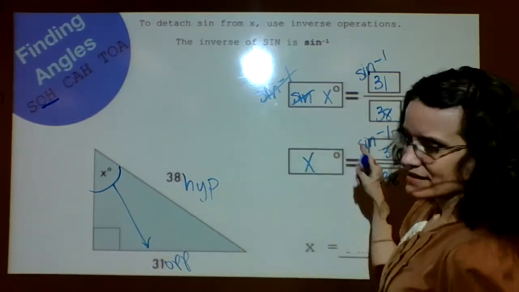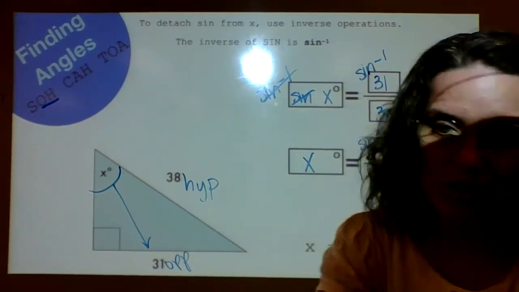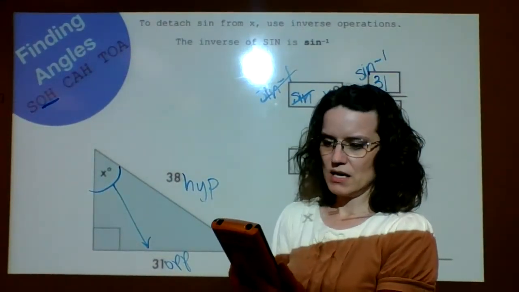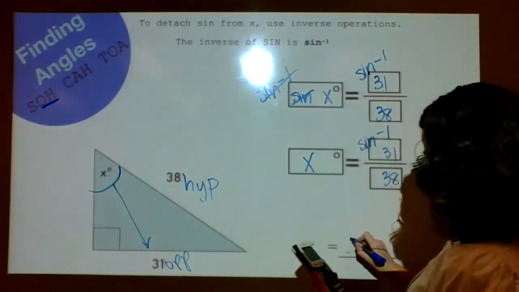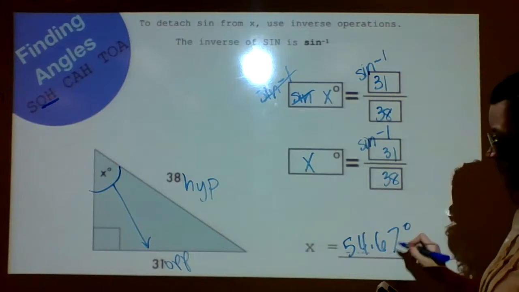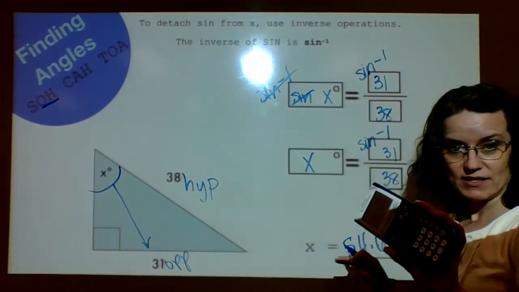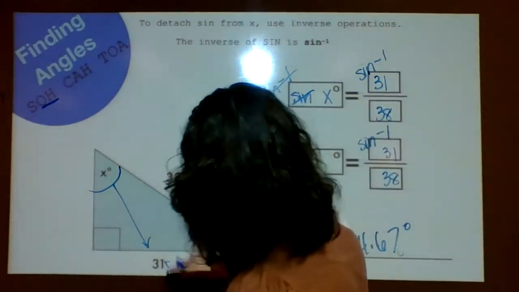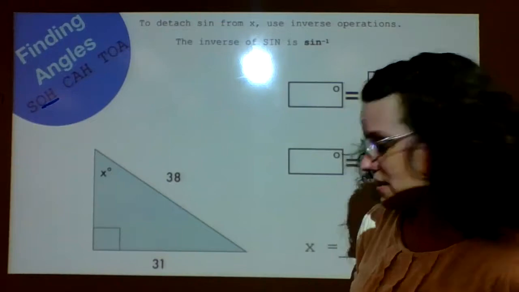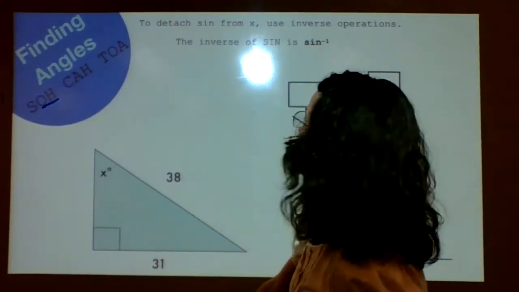So I hit second and sine and get whatever it's supposed to be. And wouldn't you know it, it comes out to be 54.67 degrees. And so that told me what my angle was by using the inverse sine in your calculator. Okay? And it doesn't just work with the sine function.